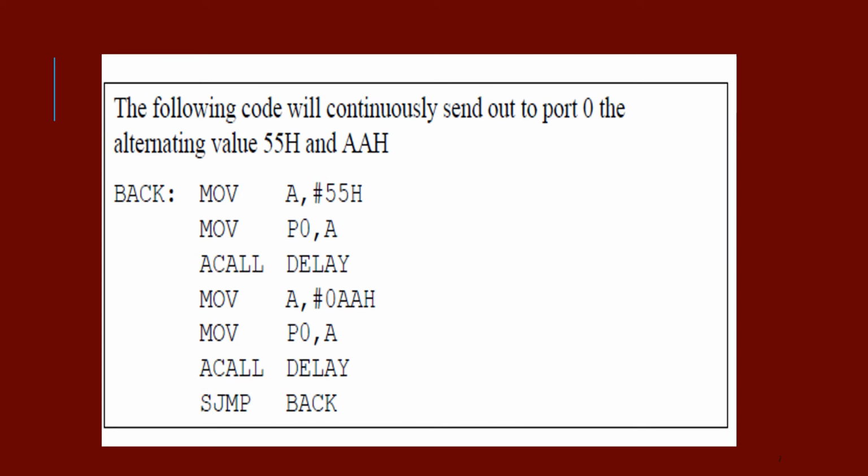Meaning in the beginning I have set all the port pins to 0101 0101, and now, with some small delay in between, I am making it 1010 1010. That is AA, 8 pins. Now this AA, which we copied into the accumulator, is moved to port 0, and again call delay. Then jump back, so remain in the loop and go on doing the same thing repeatedly.